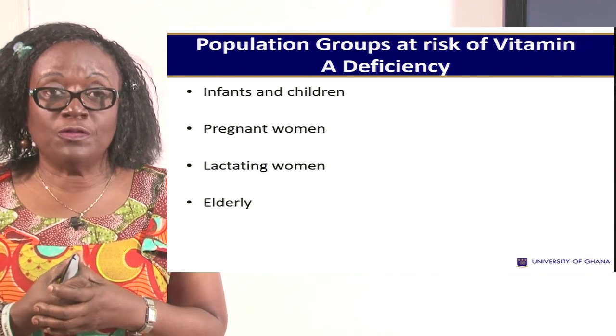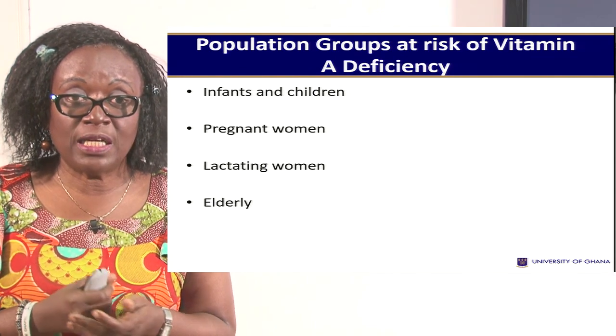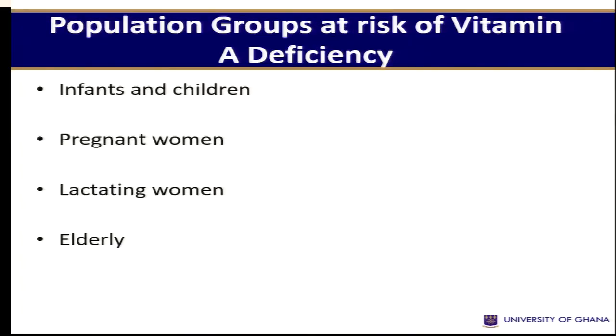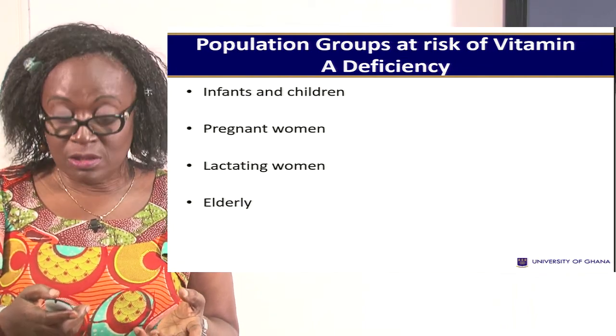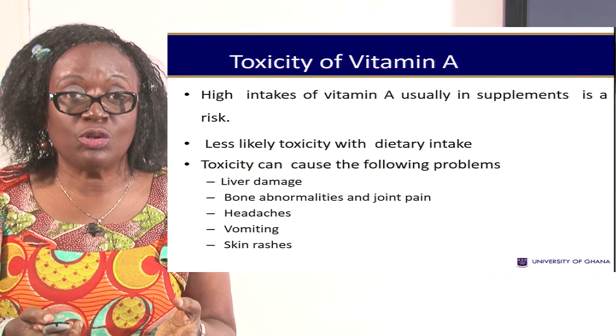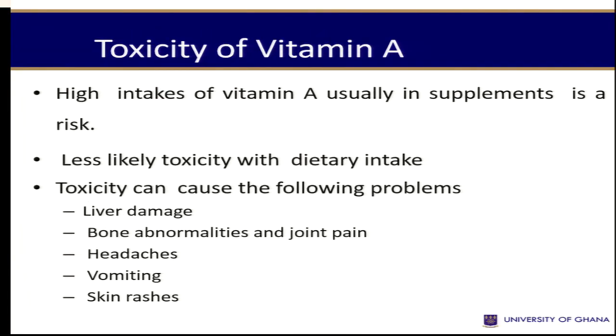So people at greater risk include children, pregnant women, lactating mothers, and then the elderly. Why the elderly? When people become elderly, they are isolated in our part of the world, and more so we know with our superstition and whatnot, we link them to all kinds of witchcraft and all kinds of funny things. So they are not fed properly, especially where they are immobile. So that is why the elderly are also a group at risk.